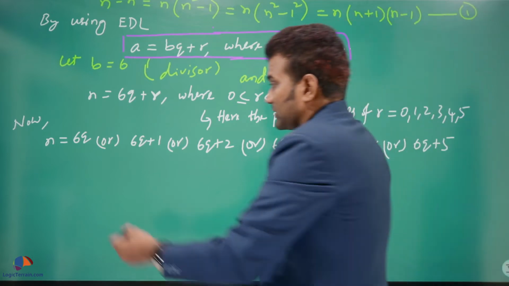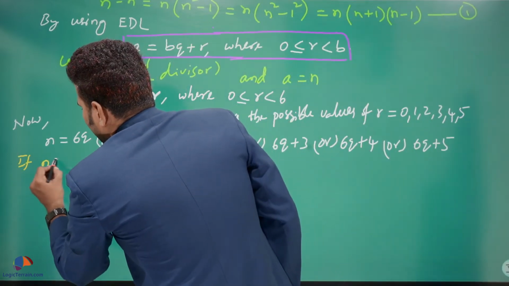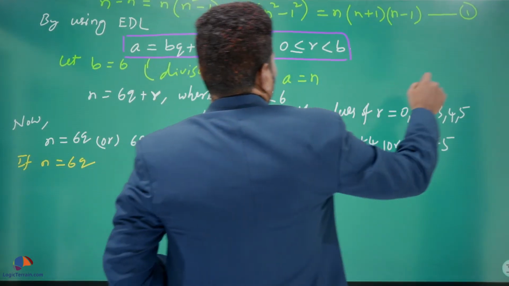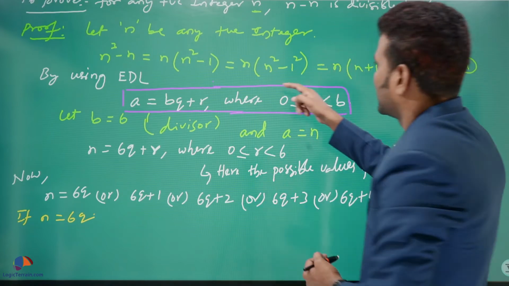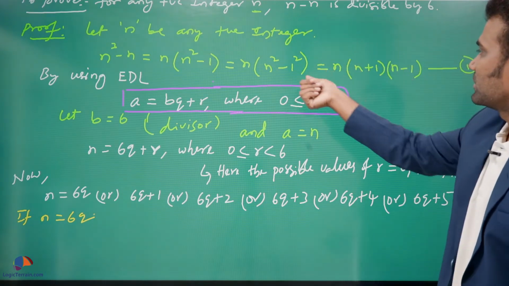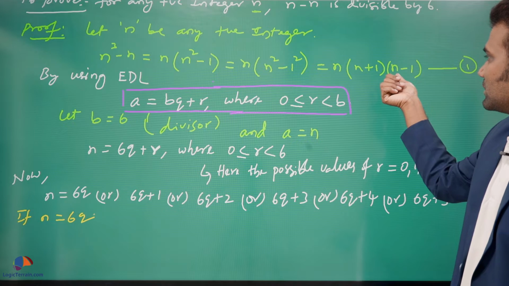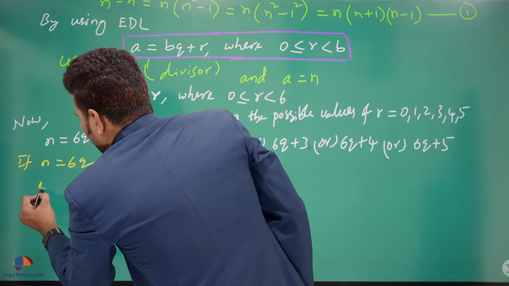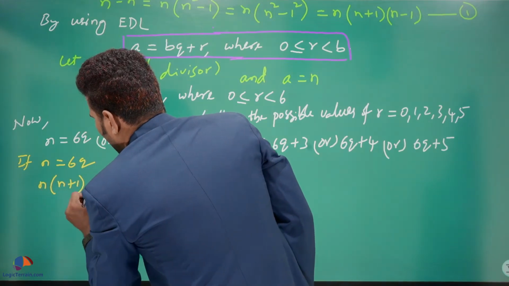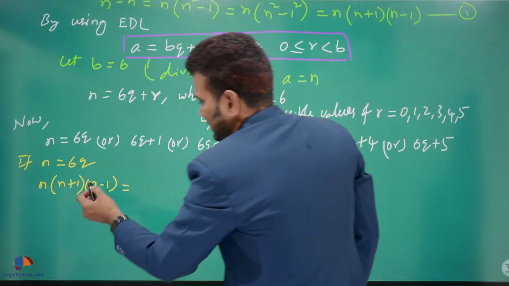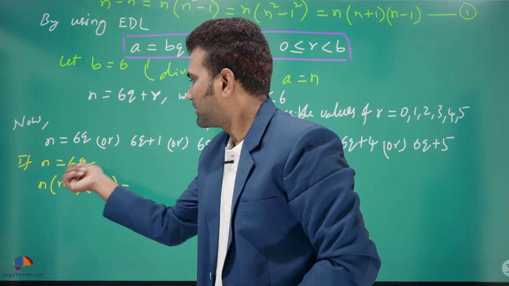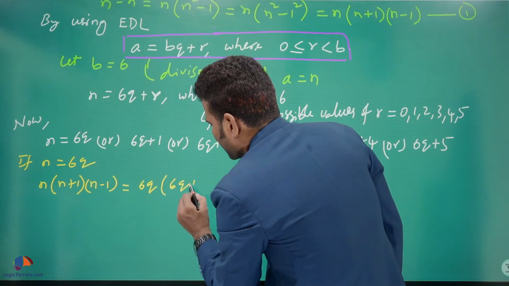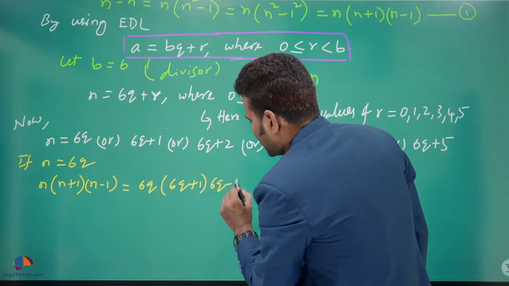So if n equals 6q, then from number 1, the given form becomes n into n plus 1 into n minus 1. Replacing n by 6q, this becomes 6q into 6q plus 1 into 6q minus 1.